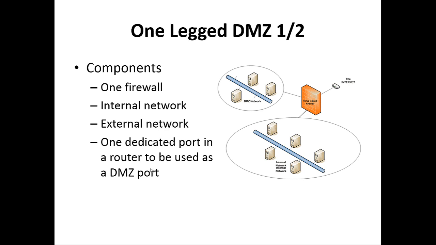So the biggest thing to remember about this firewall is there is another dedicated port, in this case in a router, used as a firewall that serves as a DMZ port. So in addition to the two ports found in the screen subnet firewall, this one has 3 ports.